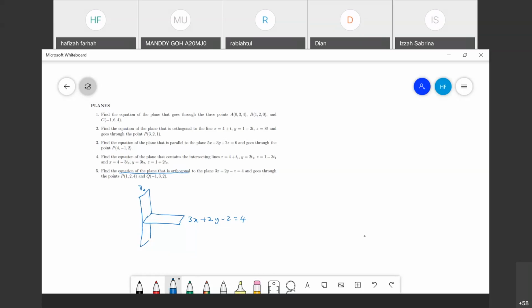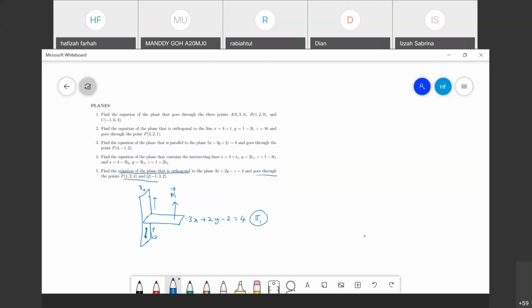The plane goes through the points P and Q. So the normal vector for plane 1, let's say this is our plane 1, is parallel to plane 2, and also our PQ is parallel to this plane 2.